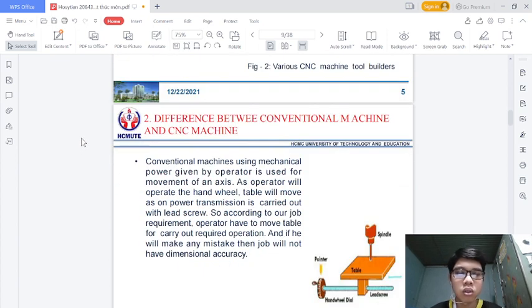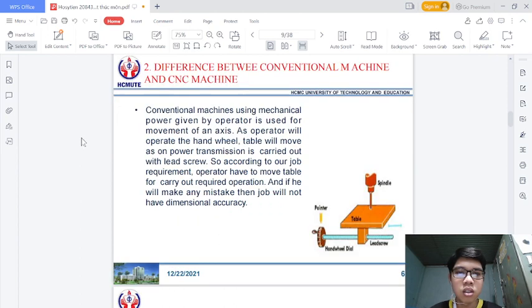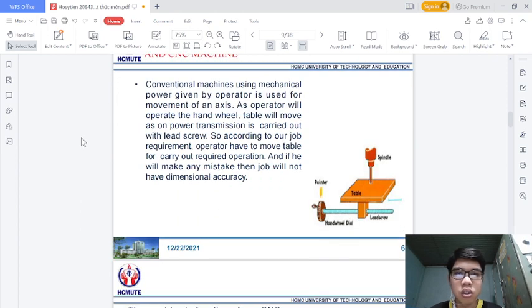2. Difference between conventional machine and CNC machine. A conventional machine uses mechanical power, where the operator moves an axis.